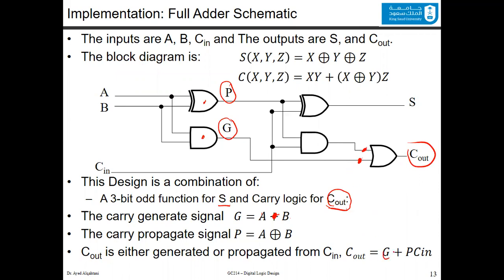Either it is generated in the same stage, you take it from here, or the carry is propagated from a previous stage. So it's propagated from where? From the carry input to the output. So it has 2 possible ways. Either it's generated in the same stage, or it is propagated from a previous stage.